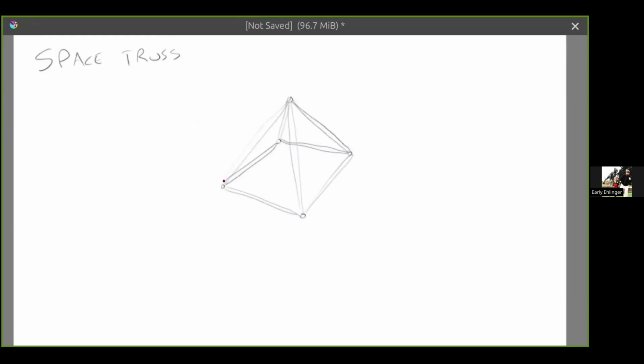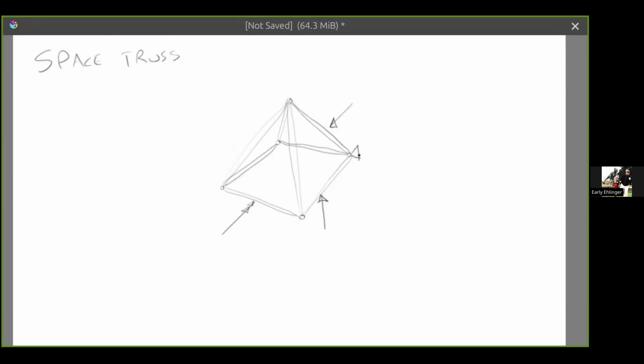The difference is that now instead of the z coordinate for each of the nodes being 0, we've got one out here that's not at 0. Forces can be in any direction, and our moments can also be in any direction, and we start drawing them as double-headed arrows.